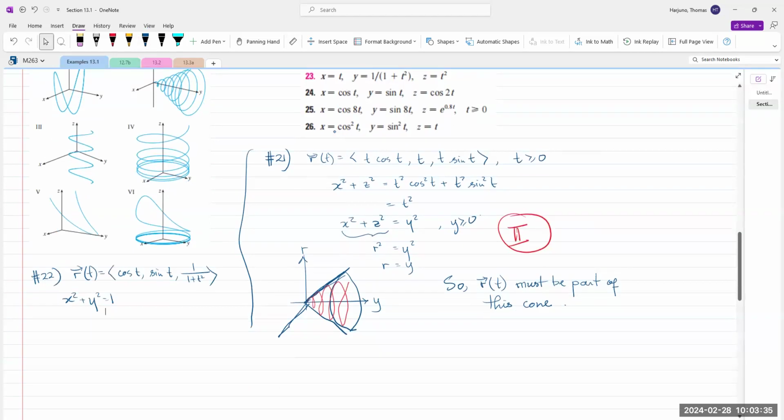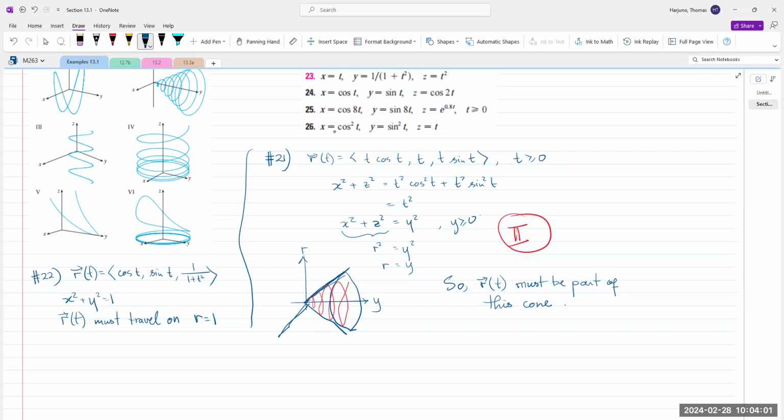In other words, the curve r(t) must travel on the surface of r equals 1, like in polar. And in fact we can say more.